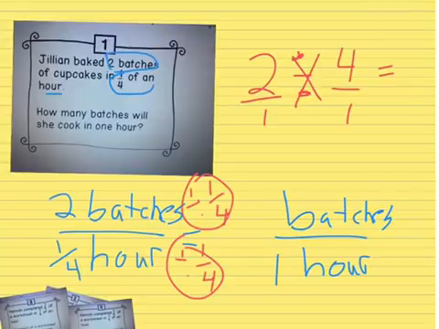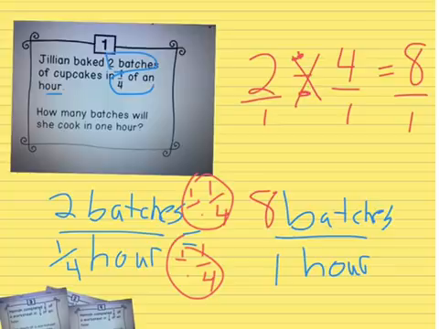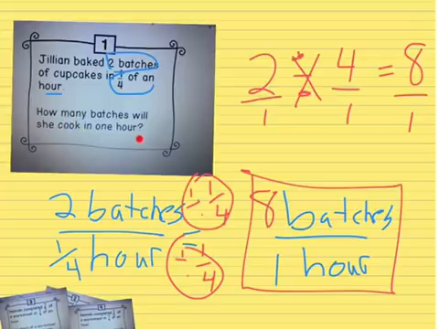So then that will equal 8 over 1, or 8 batches in 1 hour. So my answer to my problem, how many batches will she cook in 1 hour? 8 batches. So the answer is 8 batches in 1 hour.